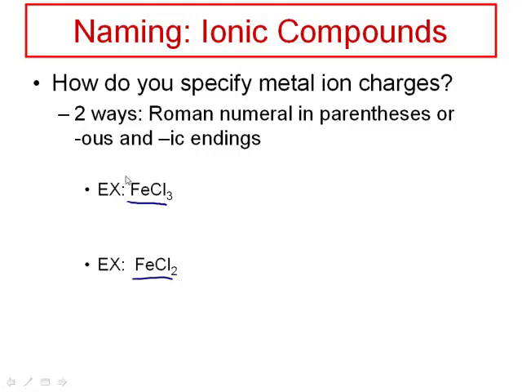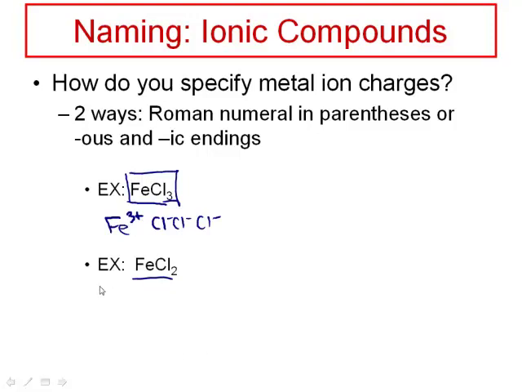For example, let's look here at FeCl3. We see here that we have 3 chloride ions, each of which has a -1 charge. So if we do a little bit of critical thinking here, you can figure out that in order for these 3 negative charges to cancel out and for the compound to have 0 charge overall, this iron has to have a +3 charge. So it has to be a 3+ ion.